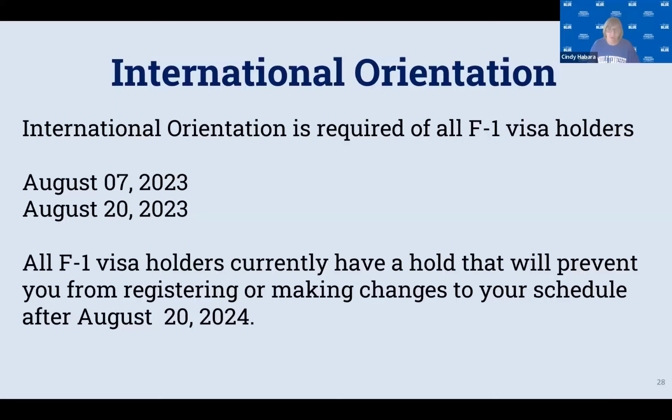So this is required. We put a hold on your account. If you don't do this on one of these 2 dates, you will not be able to make any changes to your schedule after August 20th. Both dates are virtual. August 7th is very early, so you can do that one, get it cleared off your schedule, get the hold taken off, and not worry about it any longer.